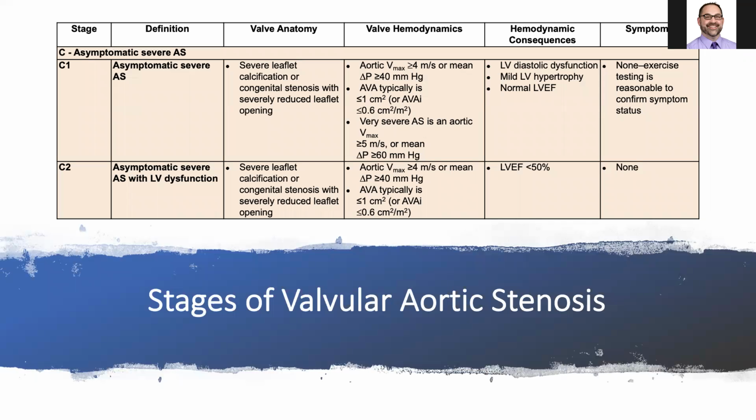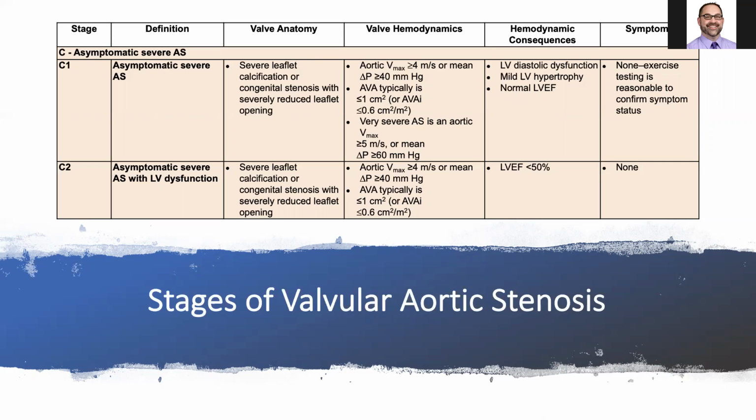And then as we get to stage C, it is asymptomatic or severe aortic stenosis. So looking at valvular anatomy, they have significant calcification, reduced leaflet opening. And you could see that now we're looking at a valvular area less than 1, and they have symptoms.